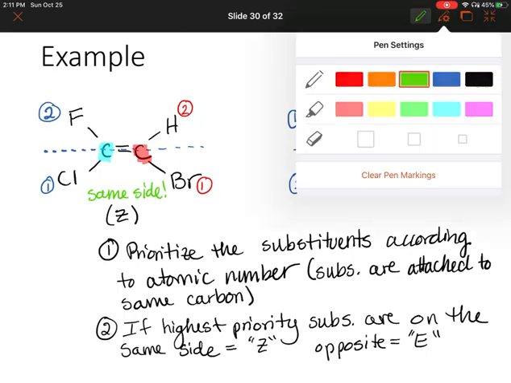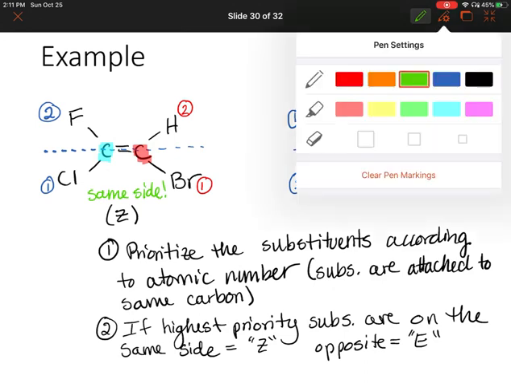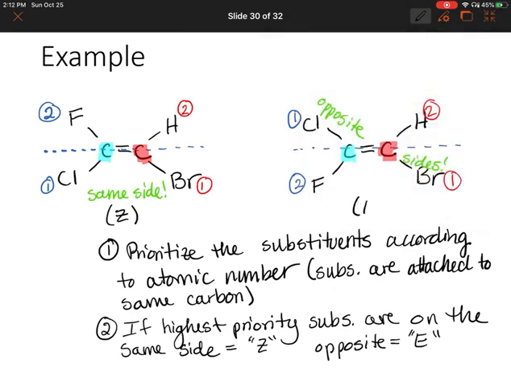So looking at the chlorine and the bromine, which are both highest priority, they're on opposite sides. So that means that this is E. So E and Z are really useful if you can't quite assign cis or trans because you have more than two groups that you can consider for that.